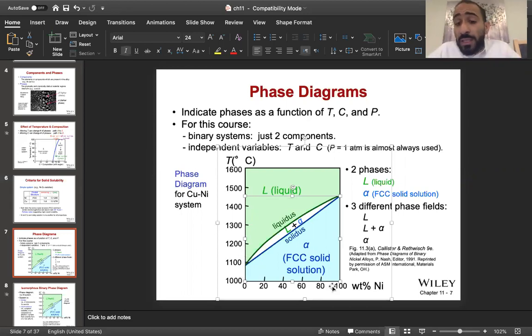Now let's go to the other side, when you have 100% nickel, which means 0% copper. What's going to happen? You know that nickel, if you heat it up, will not transform to liquid before around 1400. So nickel has a higher melting temperature compared with copper.